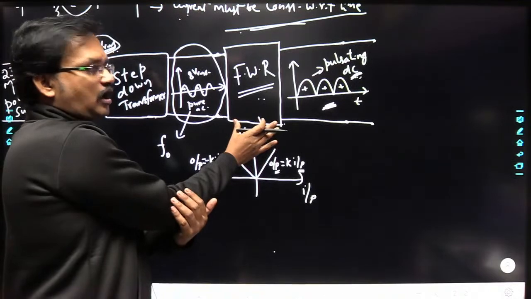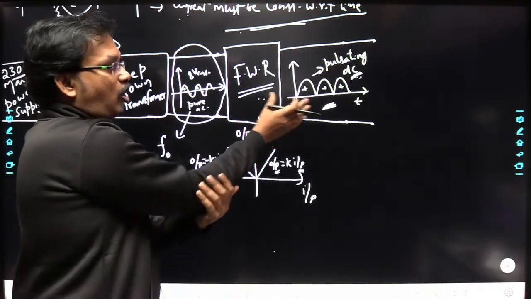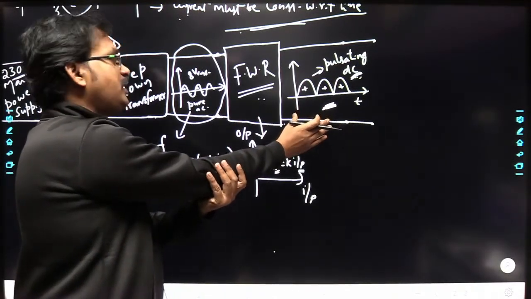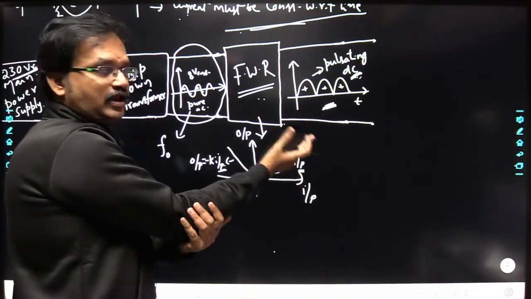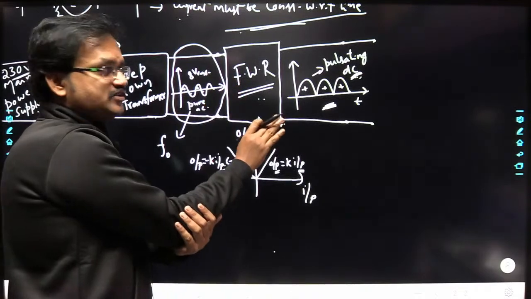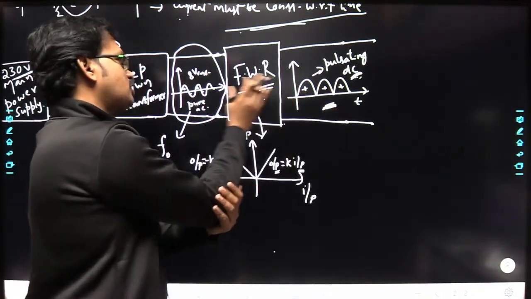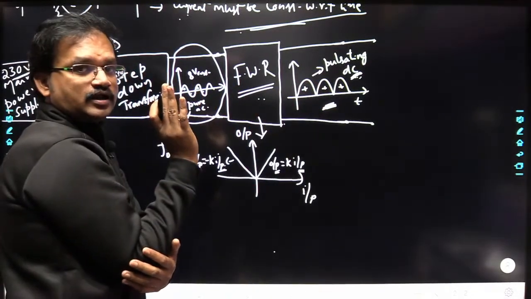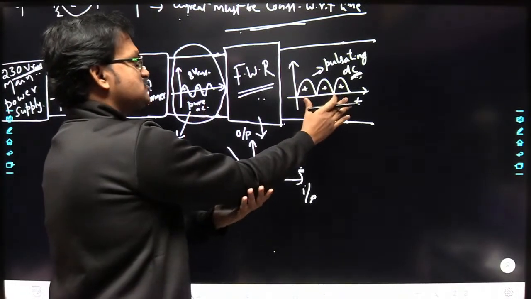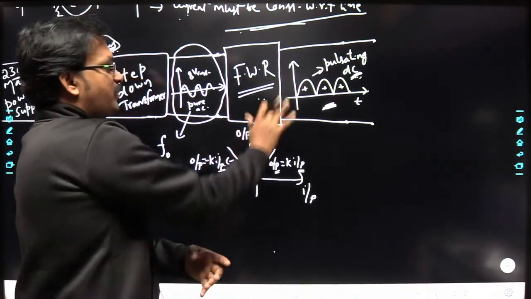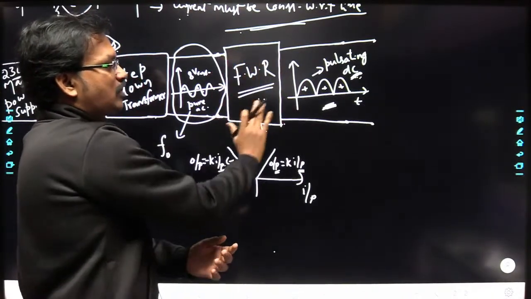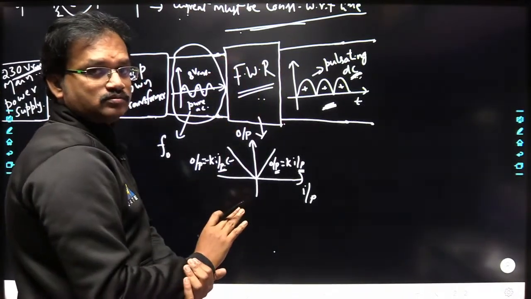Whenever you are dealing with a non-linear circuit, the output cannot be an exact replica of the input, the output is going to get distorted. Whenever you are operating the circuit in the non-linear region, the output is going to get distorted from the input, right? So this signal is distorted, it is not an exact replica of the input.